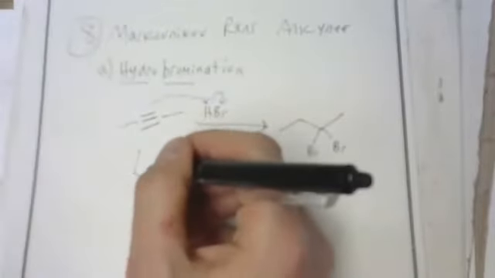So what happens? I'm just going to have the alkyne attack HBr, just like alkene attacked HBr. You get this kind of funny intermediate with a carbocation.